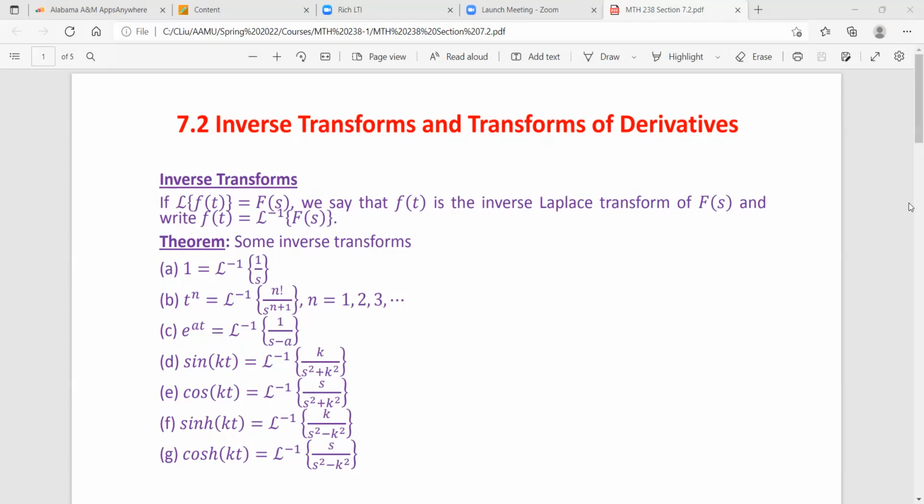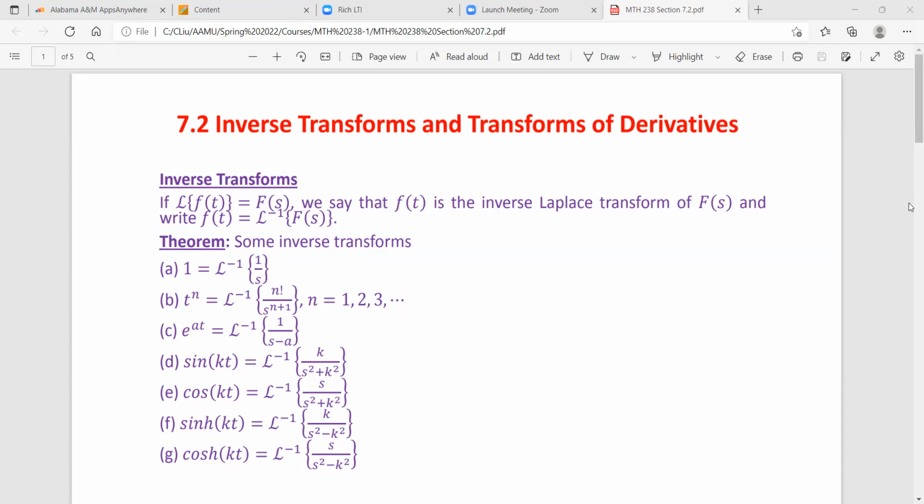Conversely, we call small f the inverse Laplace transform of the capital F. This is just terminology, very similar to derivatives and antiderivatives. And we write small f of t equals script L inverse of capital F of s.